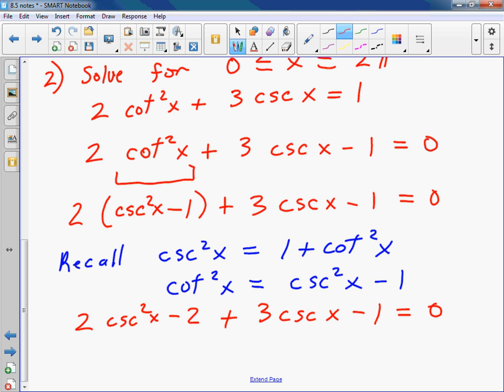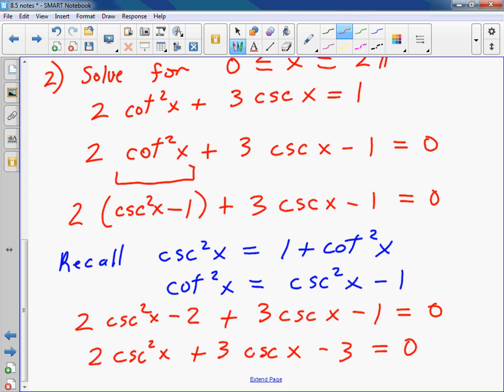Okay, so now we can go 2 cosecant squared x plus 3 cosecant x minus 3 equals 0. So far, so good? Is that all right?